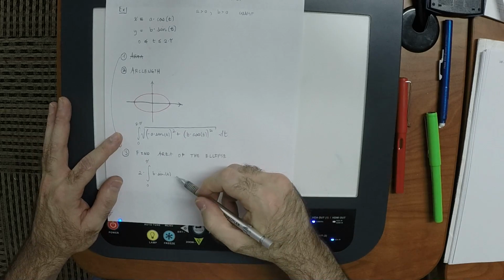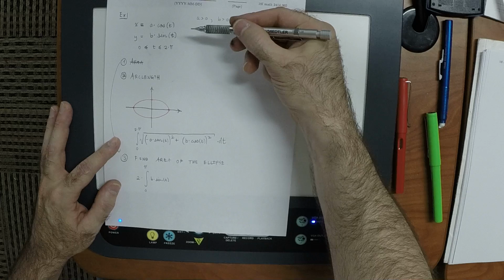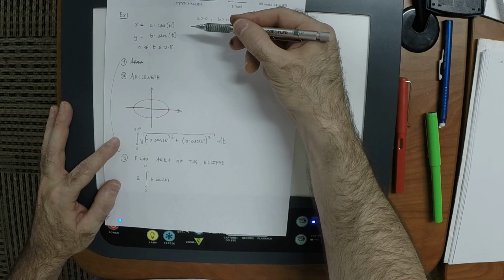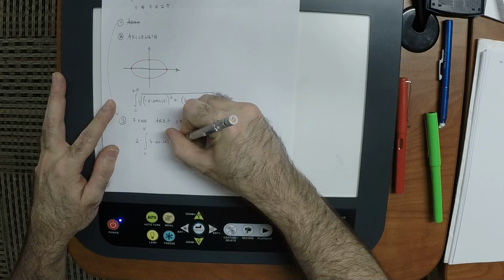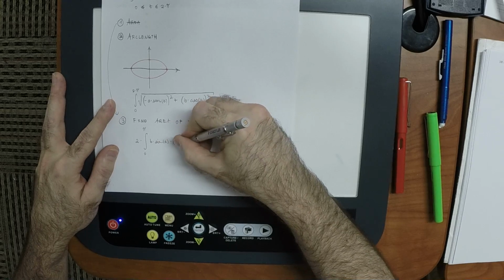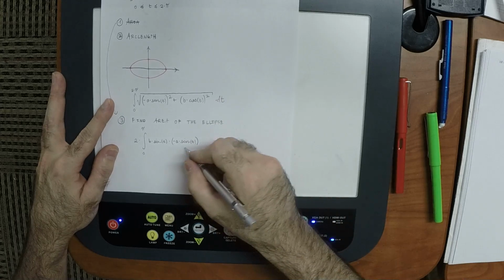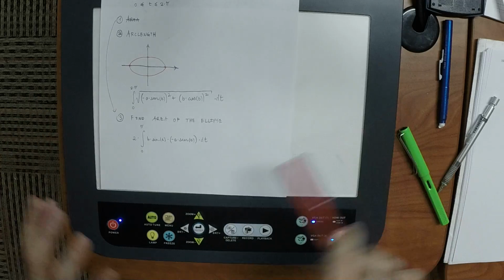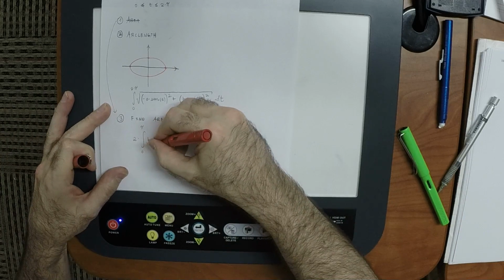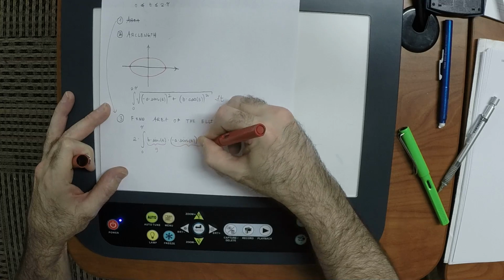And then what is dx then? Negative a sine t. Very good. So multiplied by negative a sine of t, and then dt. And again, that's y dx.